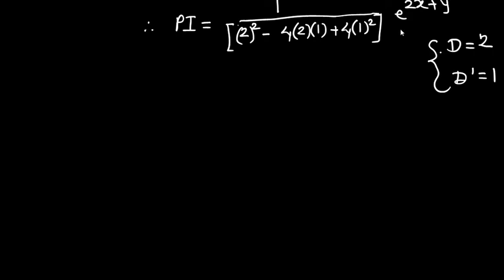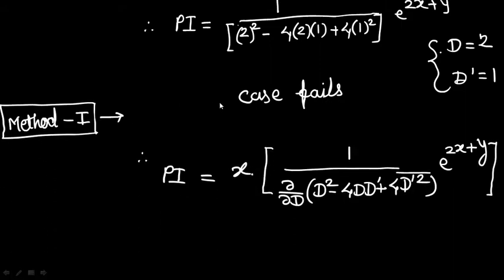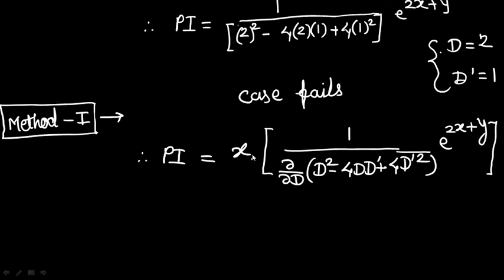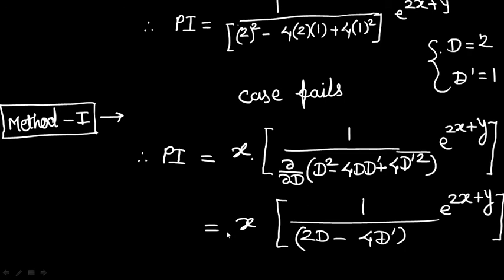Now when we substitute the values, we get the denominator term equal to 0, that means the case fails. In that case, we apply the first method. Here, multiply the numerator by x and differentiate the denominator term with respect to capital D. Then we get differentiation of x as 1, upon differentiation with respect to D, that means 2D here, and here 4D dash, and the constant value has derivative 0.